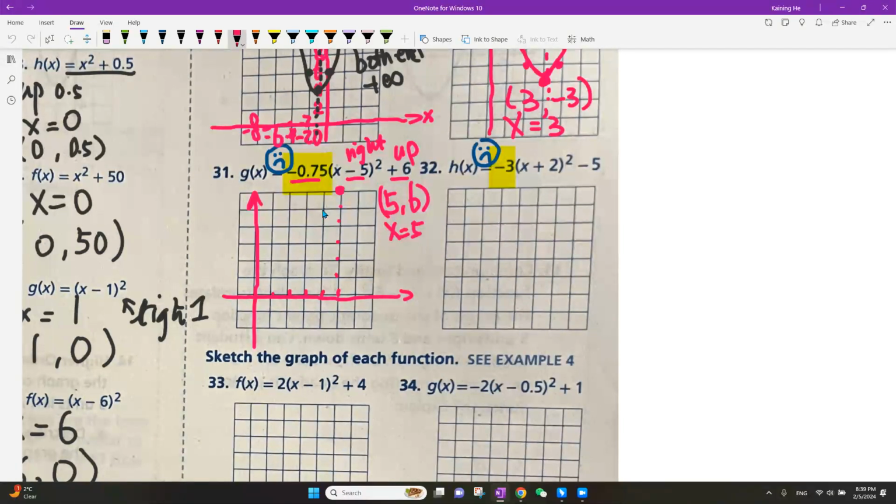Yeah, you have a point at about 5.25. And then if you plug in 6, 6 minus 5 is still a 1. 1 squared is still a 1. 1 times negative 0.75 is negative 0.75, plus 6 is going to be 5.25, which is here again.